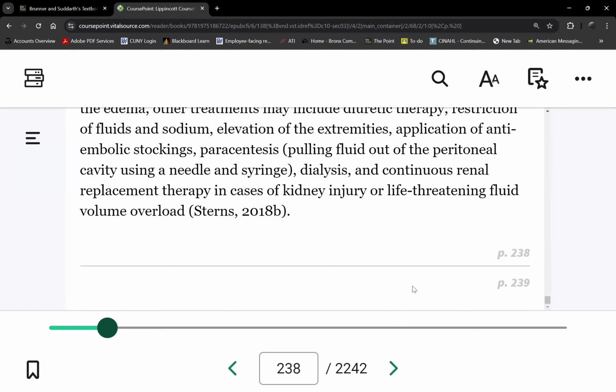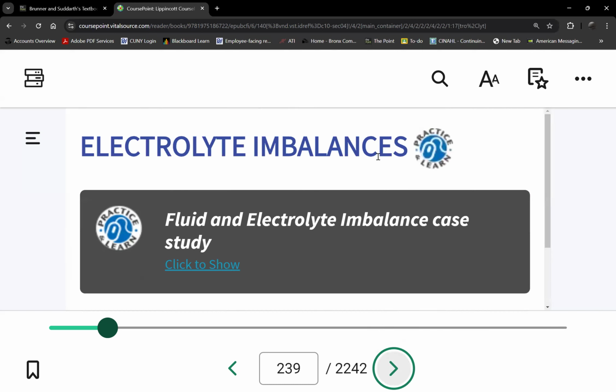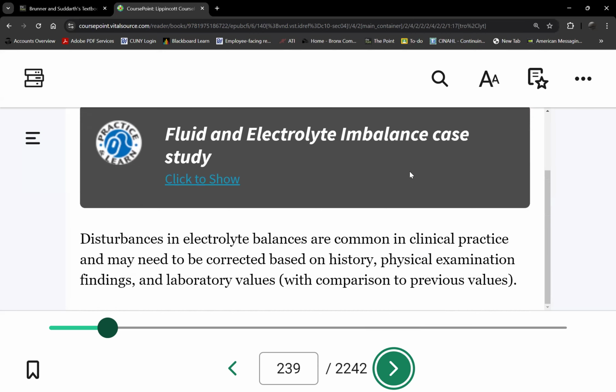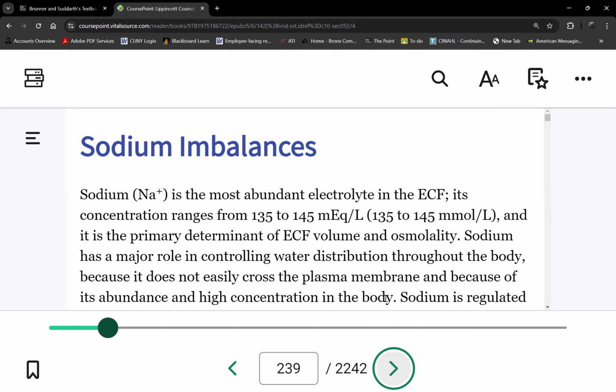All right, any questions? All right, so let's talk about electrolyte imbalances now. So as I mentioned earlier, we're only doing sodium and potassium. So let's start with sodium imbalances. So just like fluid volume problems, we have dehydration and overload, right?